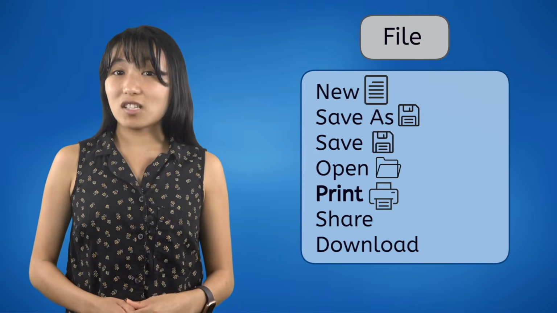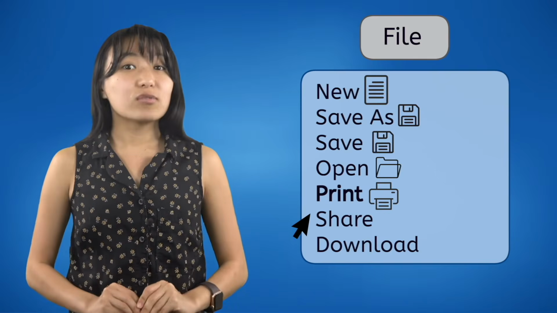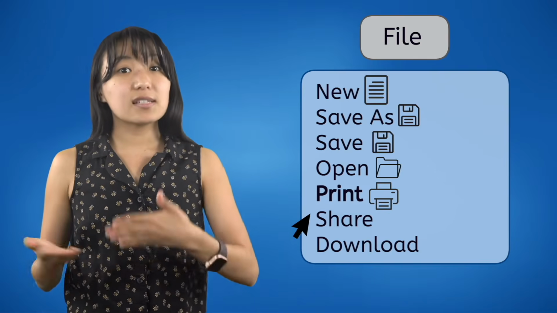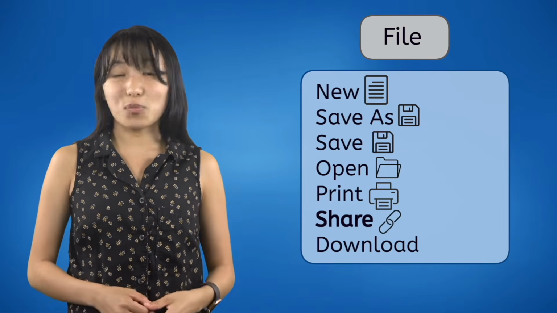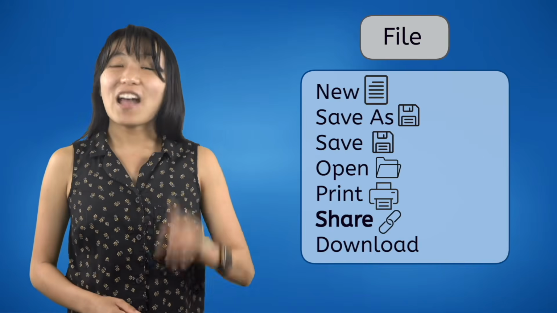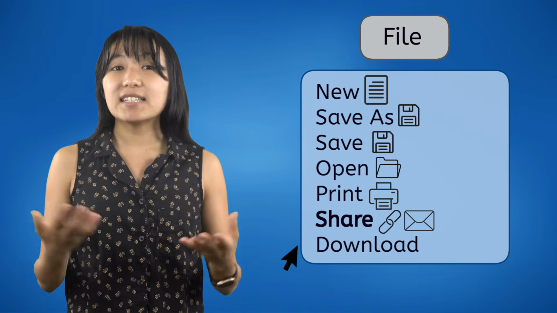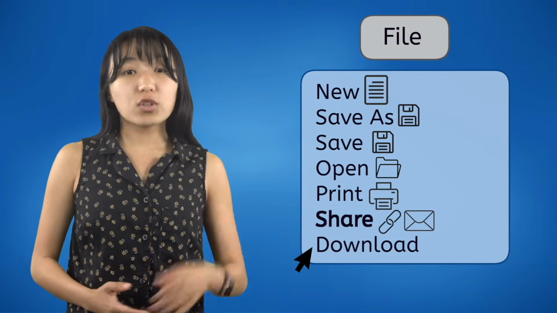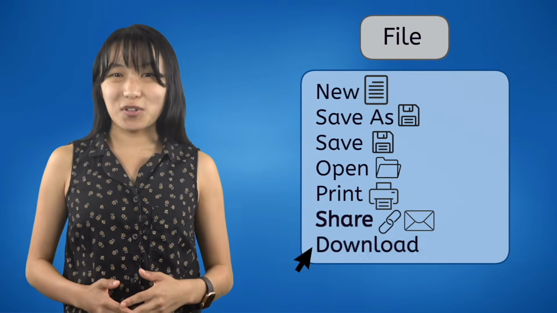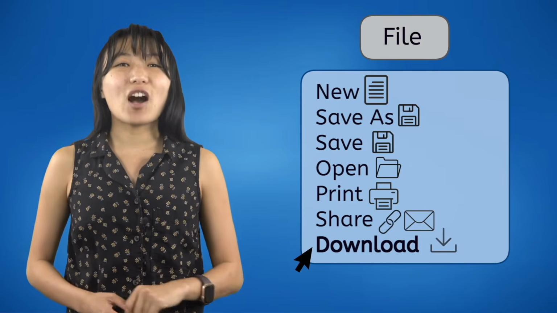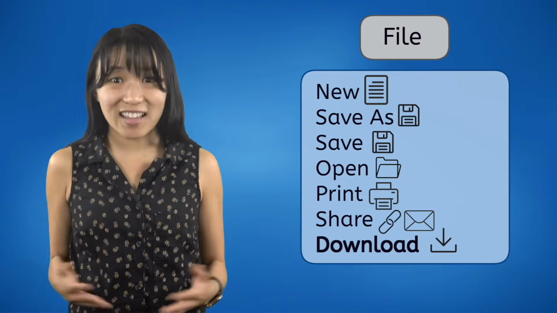Some productivity software has a Share option. You can use this to grab a link to send to other people, or you can share it directly to them with their email address. Finally, online productivity software often has a Download option, which downloads your work as an offline file to your computer. This way, you have a copy you can use or share with others even without an internet connection.